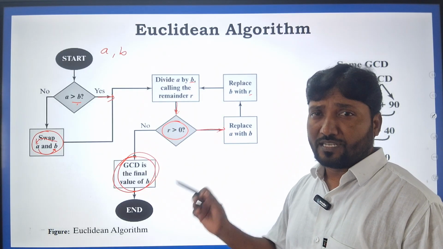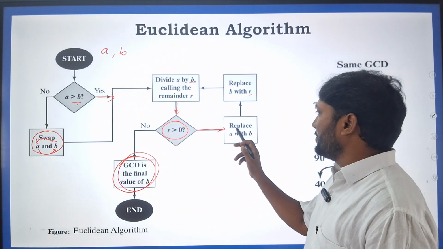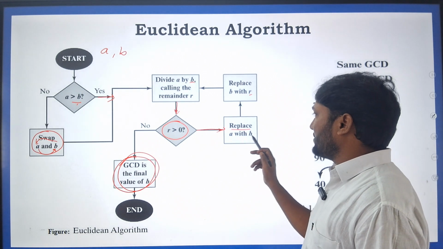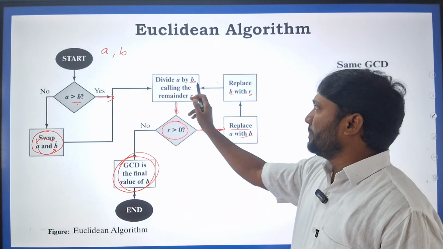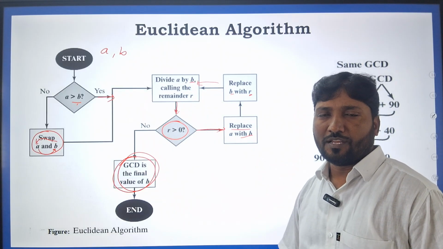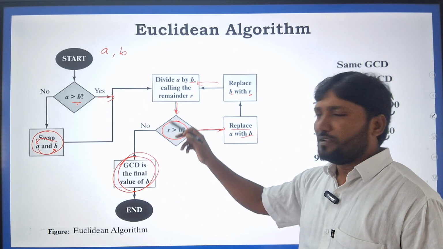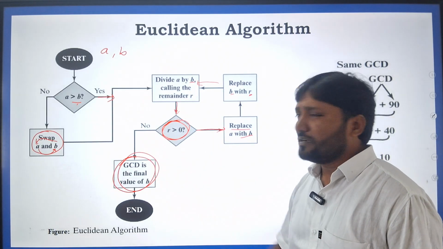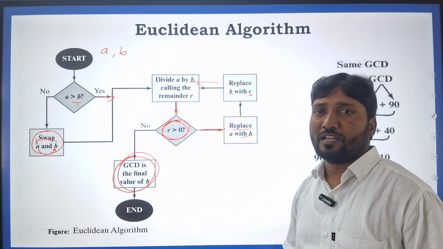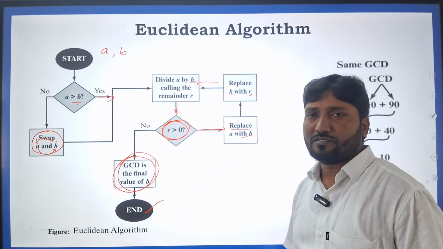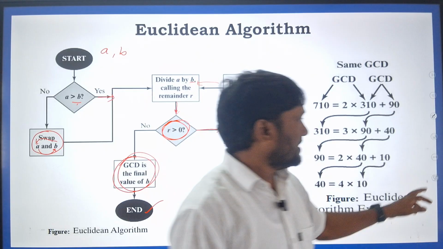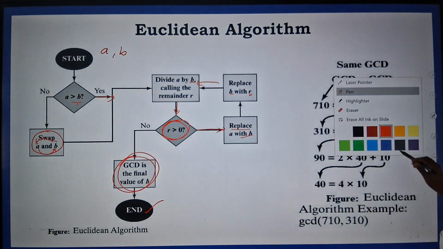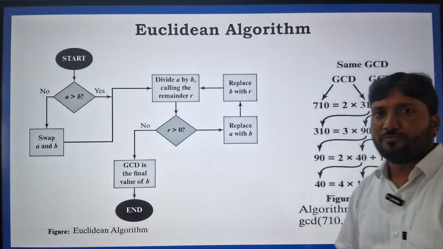If the remainder is greater than 0, then we replace a with b and b with r, and then we apply the division algorithm, dividing a by b. We continue until the remainder is 0 to calculate the GCD of the two numbers.